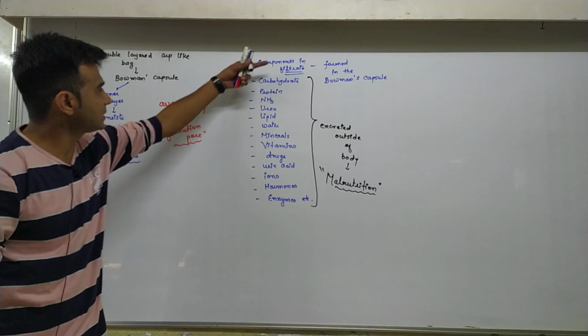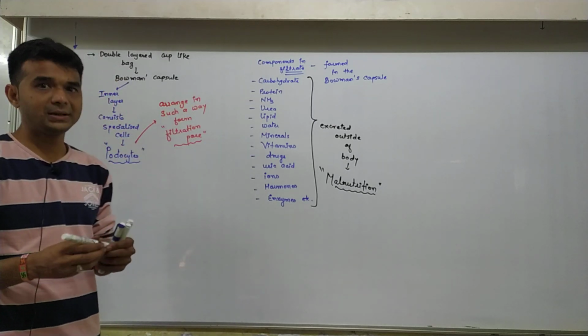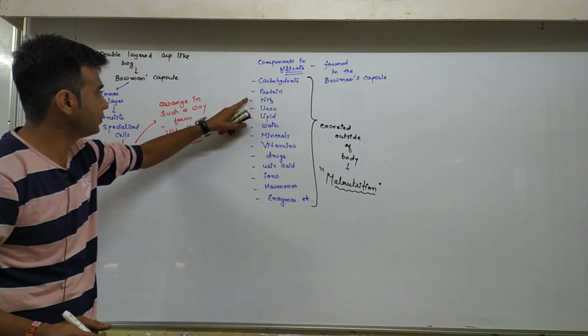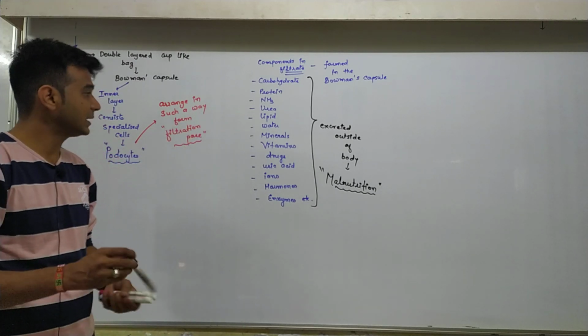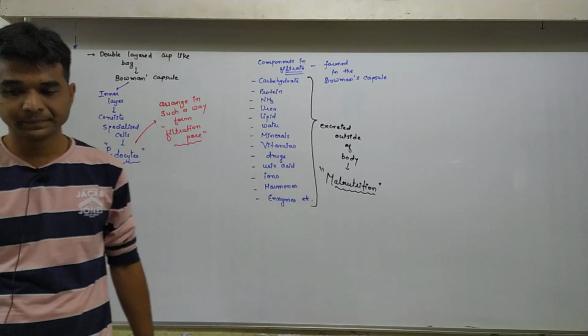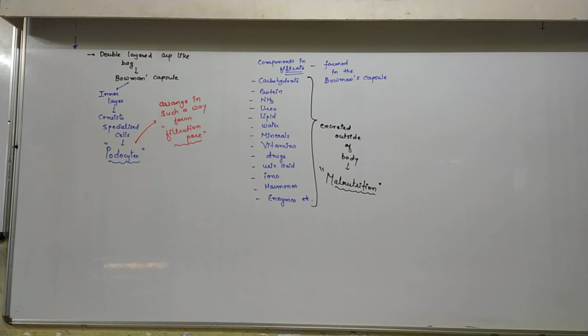When you read all the components of the filtrate, you imagine that this is very, very important. A few components are very, very important for our body and cannot be excreted out. So this malnutrition is prevented by the selective reabsorption occurring in the PCT. So here I can stop now. The remaining things we will discuss in the next lecture. Fine.